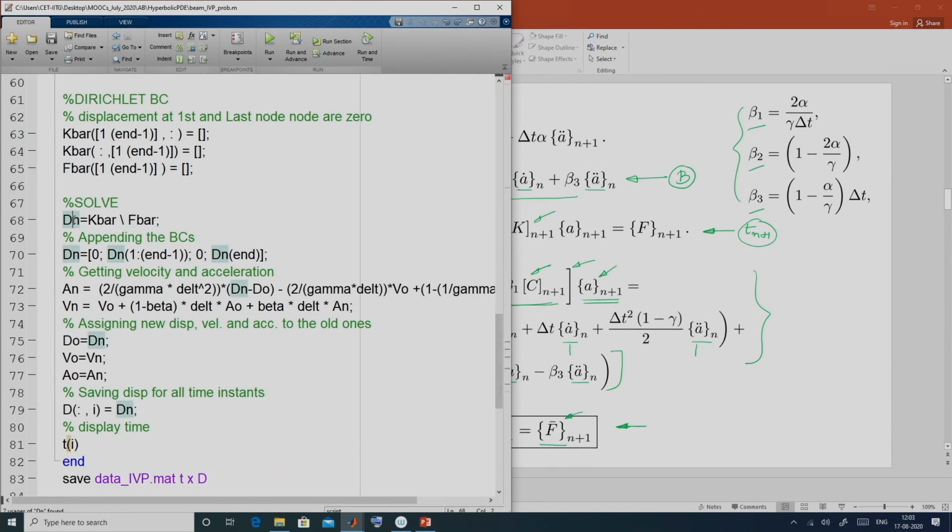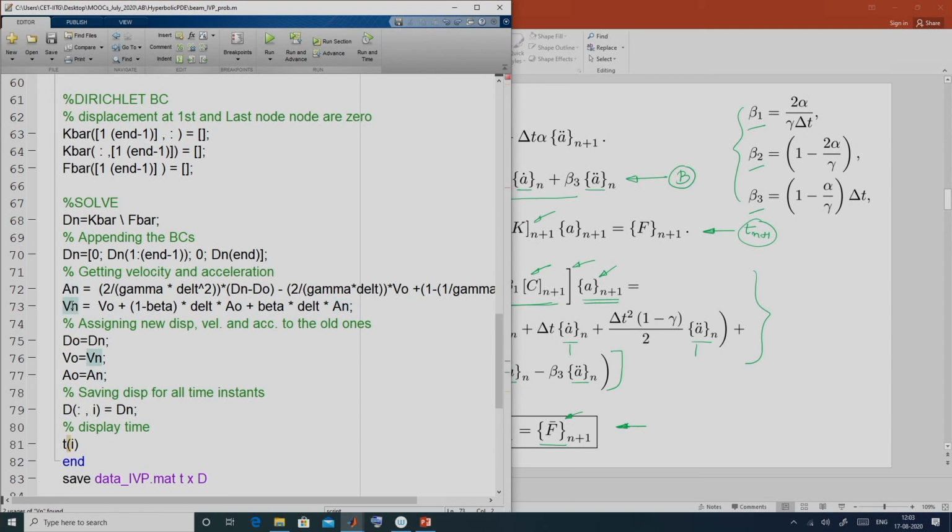Then we solved and calculated the displacement dn at time instant t n plus 1. Once we obtain dn, we appended the degrees of freedom that we just deleted to take care of the Dirichlet boundary. Then from there we obtained the new acceleration and new velocity.